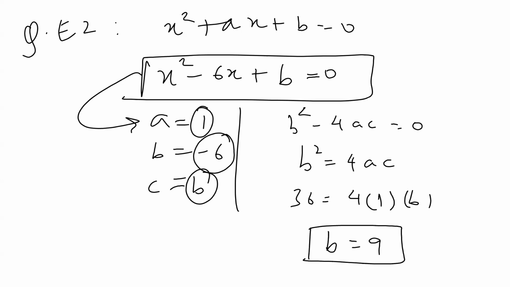Okay. Let's go to question number 7. Find the value of a for which one of the roots of the quadratic equation is twice as large as the other.